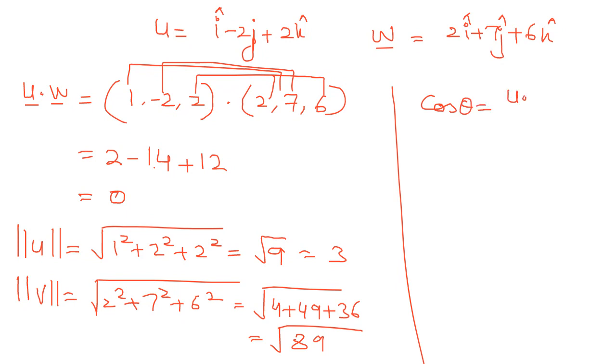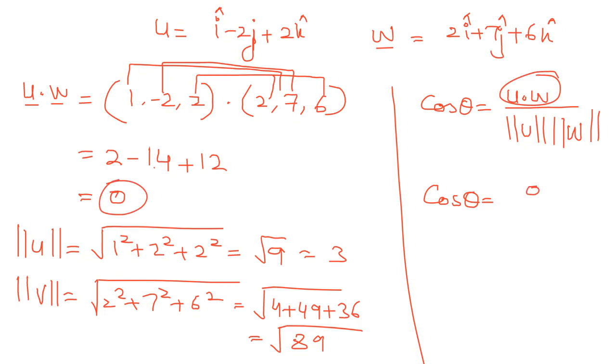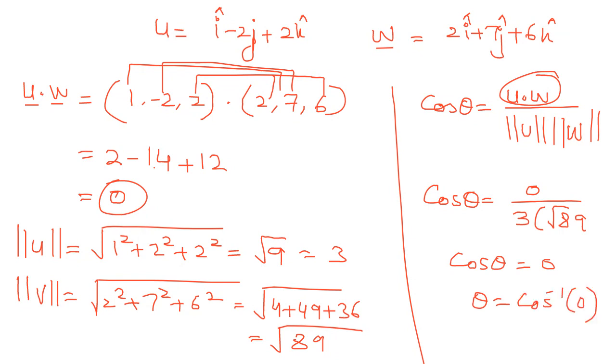Cosine of theta is equal to u dot w over mod of u, mod of w, which is 0 divided by 3 times the square root of 89. And 0 divided by something is equal to 0. And cosine inverse of 0 is equal to what? Anybody can tell me? 90 degrees, Abdullah? 90. So this is the angle. This is how you can find the angle.